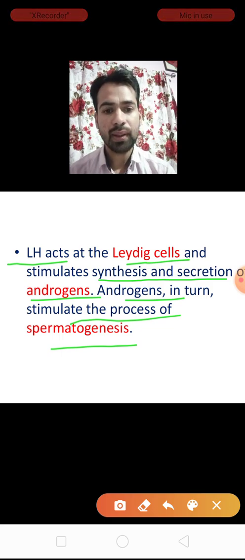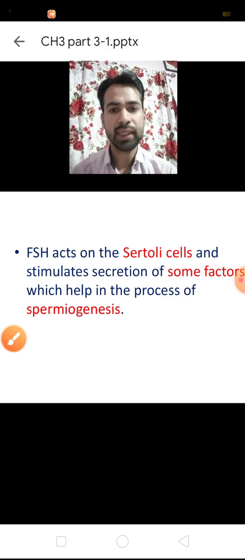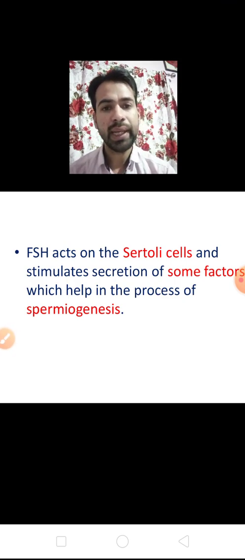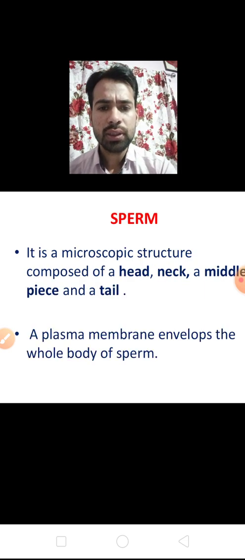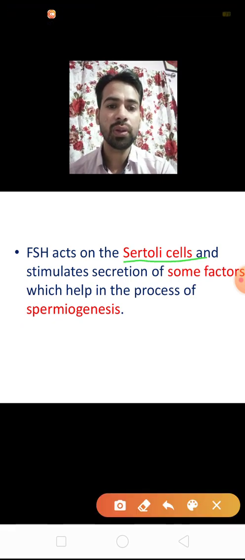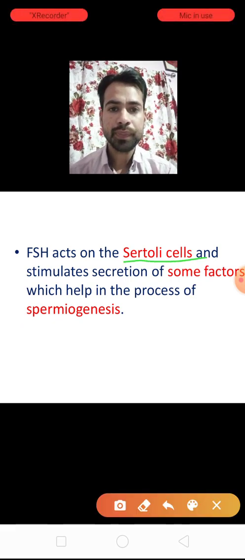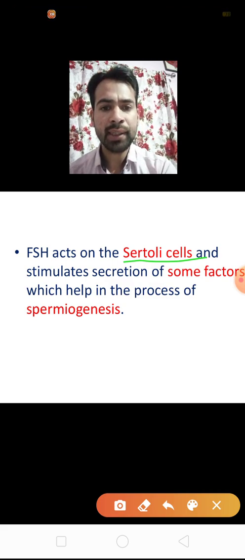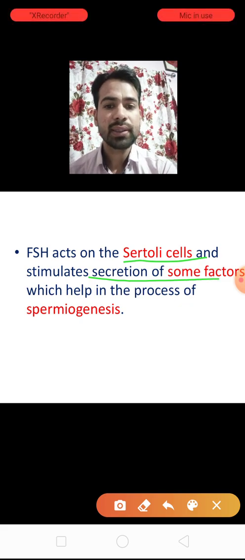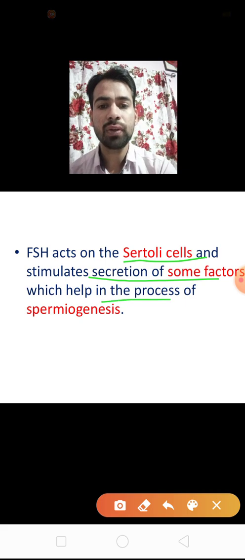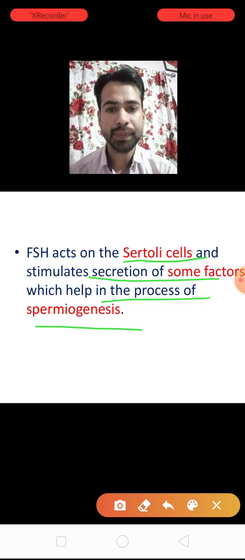Now the second hormone, that is FSH, follicle stimulating hormone. It acts on Sertoli cells and stimulates secretion of some factors which help in the process of spermiogenesis.